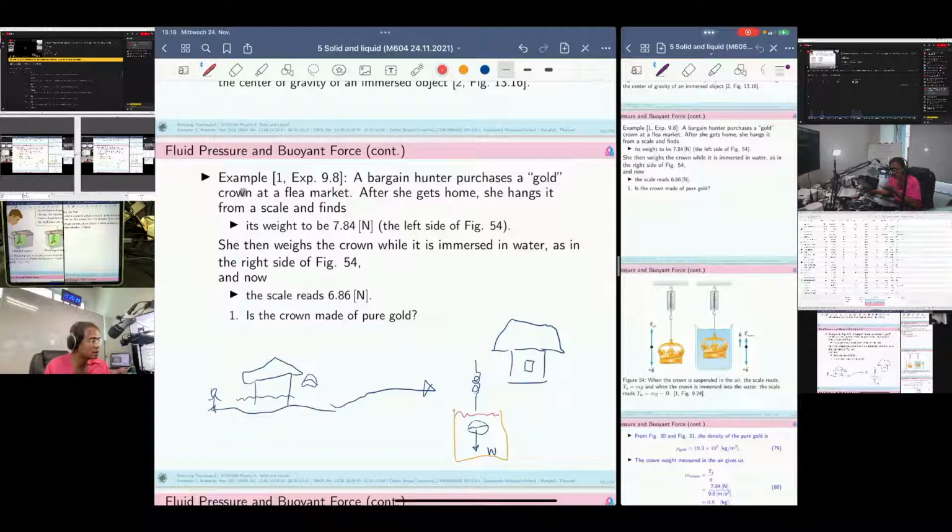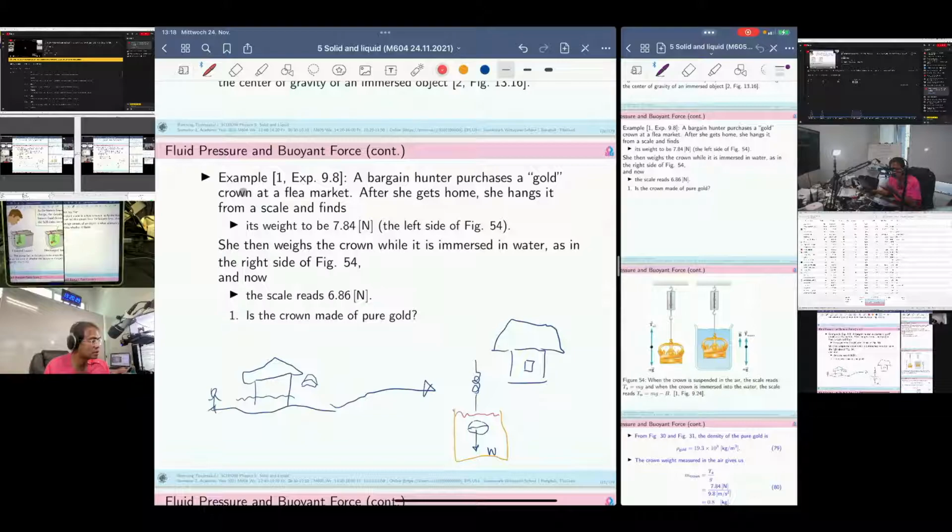Okay, let's consider the two situations that she tried to observe. She just simply used the physics principle of buoyant force, right?